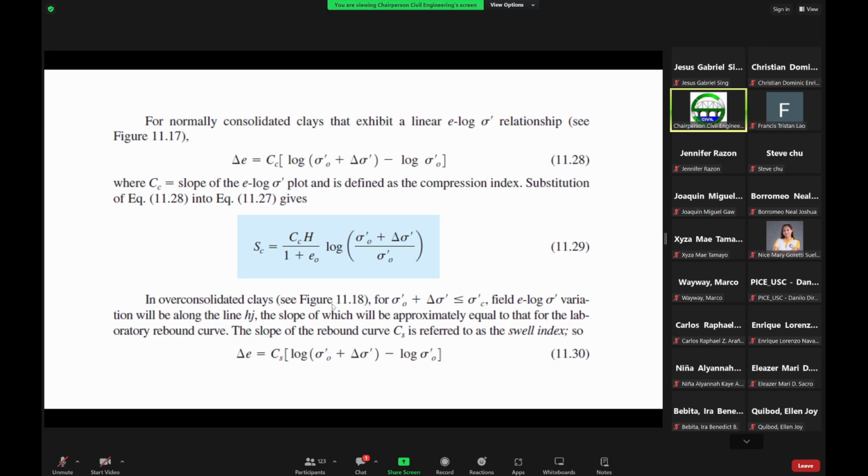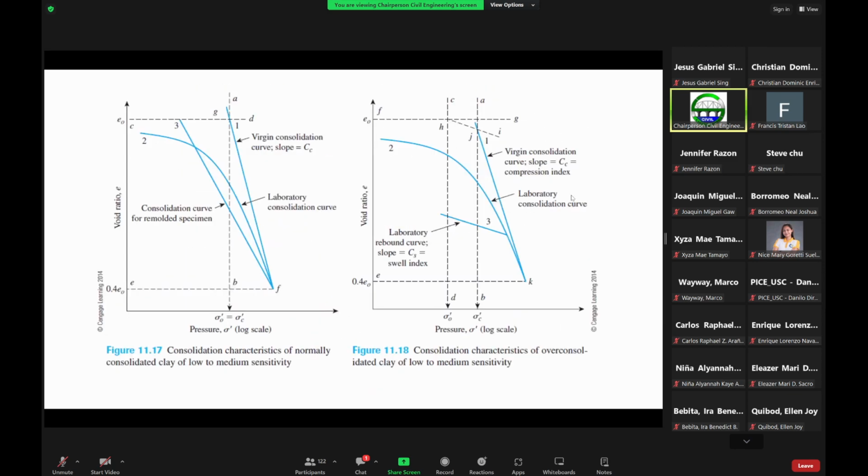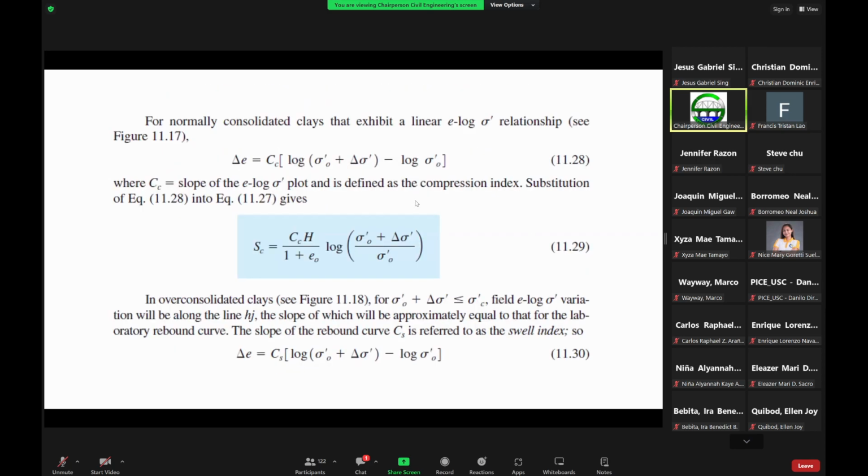Now, in the case of over-consolidated clays, which follow this behavior, we now have two cases. The first case is when the present effective overburden pressure plus the stress increase is less than the pre-consolidation pressure.